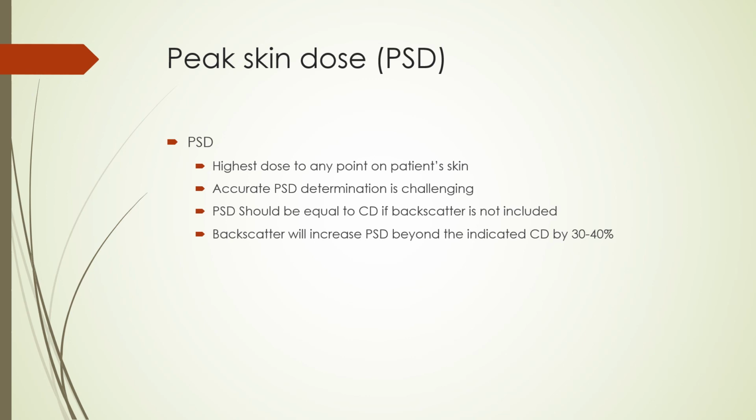In practice, accurate PSD determination is challenging. An important consideration is that the cumulative dose is measured at a point in space that may not coincide with the patient's skin surface. Even if the IRP is located exactly on the patient's skin surface, backscatter will increase PSD beyond the displayed cumulative dose by between 30 to 40%.